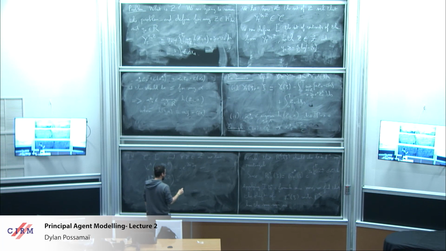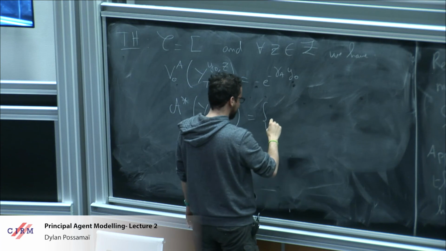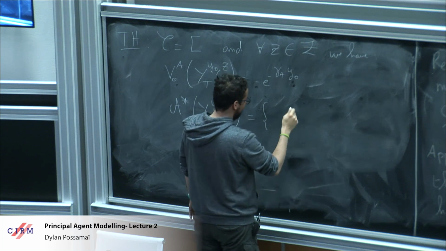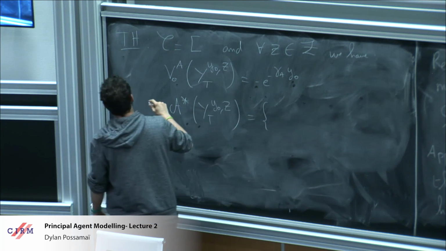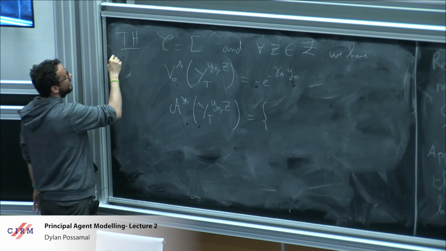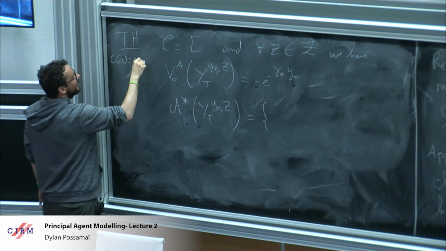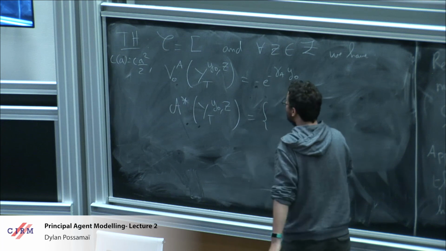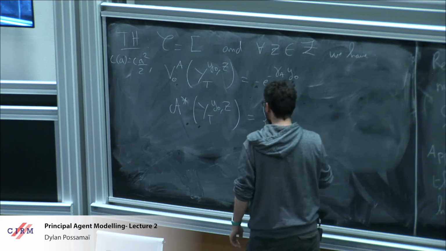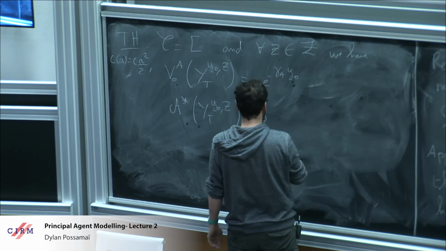I don't like writing it that way, but okay, let's make my life simpler. Take C to be quadratic. Okay? Doesn't really matter, it's just going to take me longer to write the general result. So if C is quadratic, I know exactly what this is.